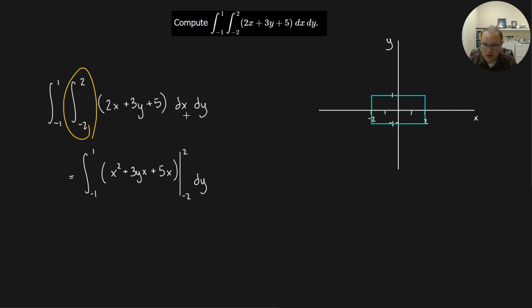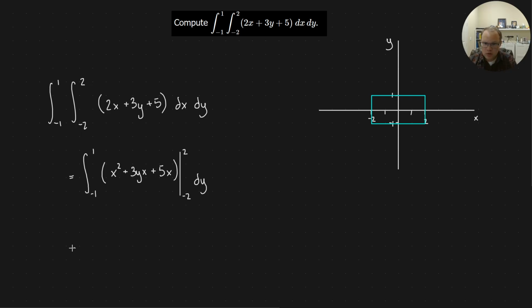Notice the limits of integration here correspond with the variable here. So x is ranging from -2 to 2 because the dx is on the inside. And then y ranges from -1 to 1 because the integral and the dy are both on the outside.